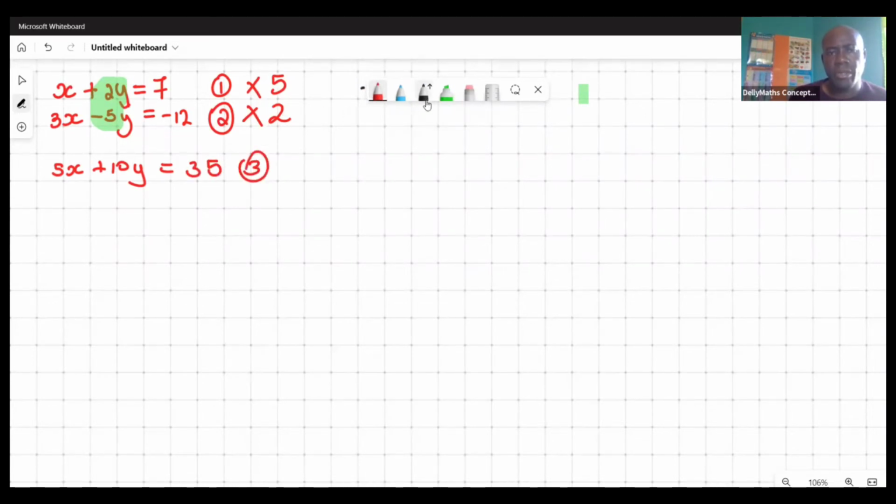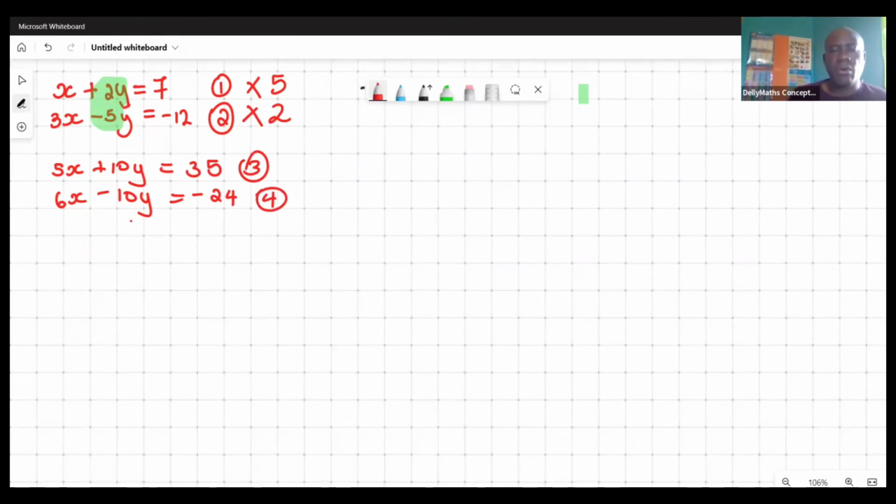For equation 4, we use 2 times 3x, which gives 6x, then 2 times negative 5y, which gives negative 10y, equal to 2 times negative 12, which gives negative 24. This is equation 4.